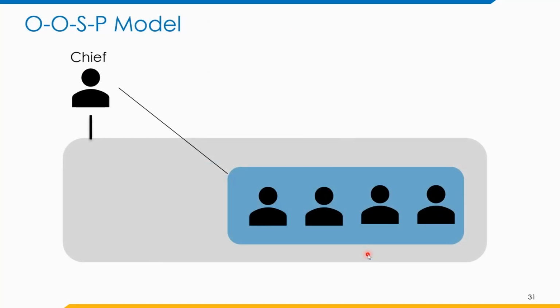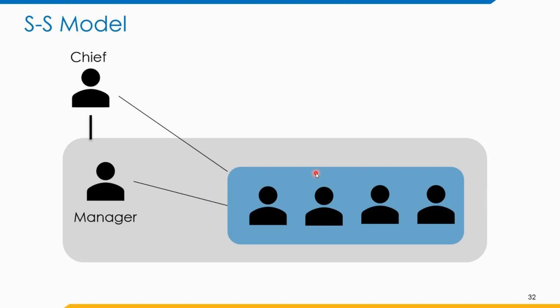In the OOSP model, this model deals with the chief organization model, where the relation between the position of employees and the organization unit is detected. So the chief of the organization will have visibility over the employees. Irrespective of the reporting, he will have the entire view of the employees under his organization. So this is with respect to the OOSP model.